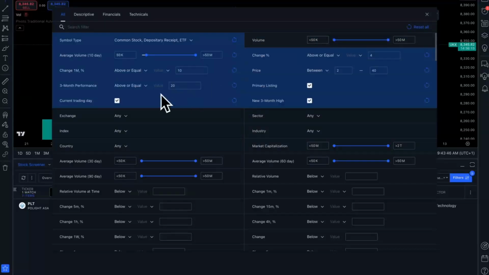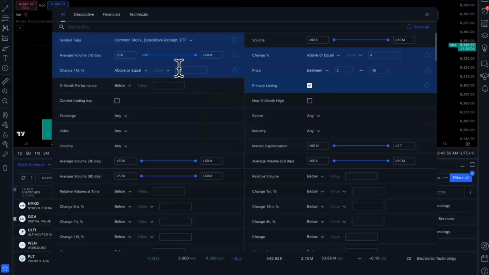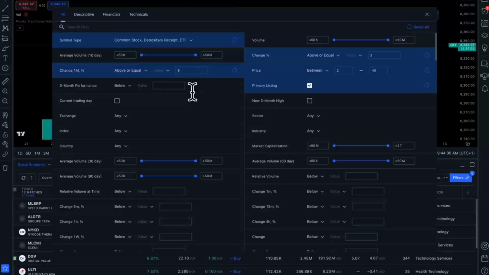We also want to take a look at 3 months performance. We'll get rid of that, and that, and that. Change it last month to, let's say, an 8% move. And then today, if we look at anything that's 3% or above, we'll see that there are 5 items. If we get rid of this also, we'll see there are 12 items.